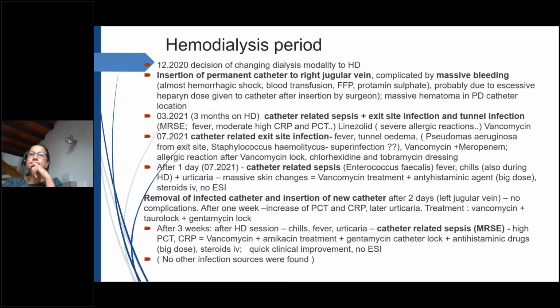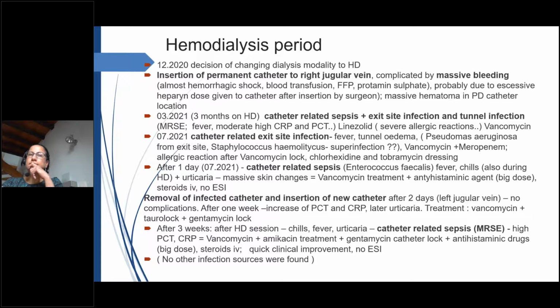I have to admit, of course, we looked for any other infection sources by computer tomography and any other consultation. Nothing was found. We also consulted immunologists and allergologists, and they didn't help.